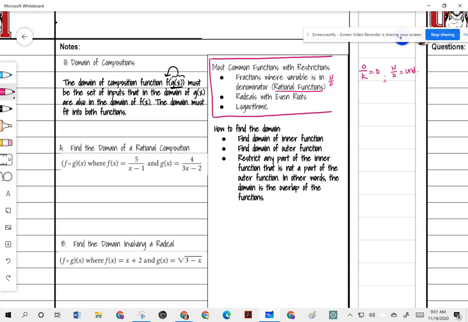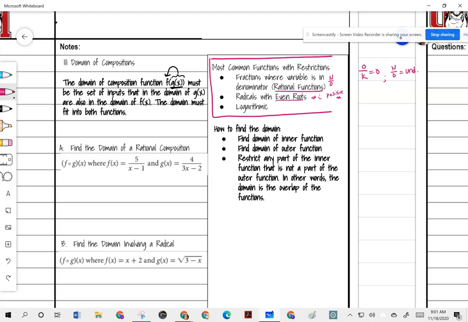So you have to make sure that you find the restriction, so that way you can exclude it from your domain. And then we're going to be talking about radicals with even roots. Remember that we do not want to have imaginary numbers. So in order to prevent imaginary numbers, we are going to set that radicand to be greater than or equal to 0, because we want the set of positive numbers.